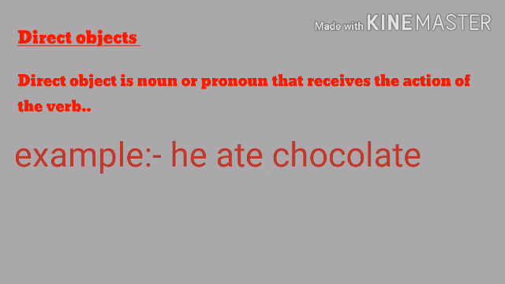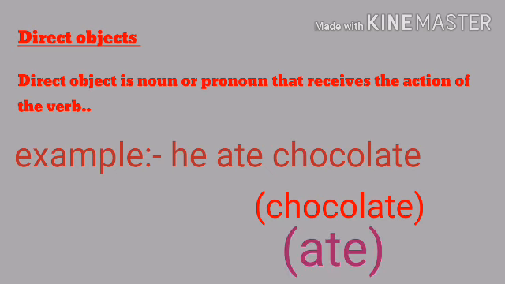For example, he ate chocolate. In this sentence, the word chocolate is the direct object because it's a noun and it receives the action of the verb ate.